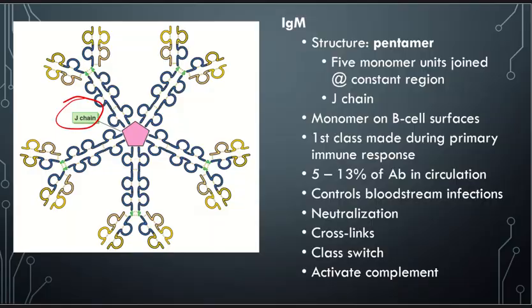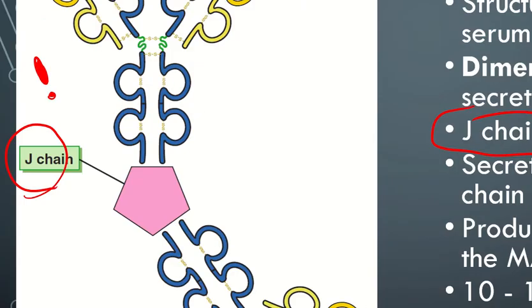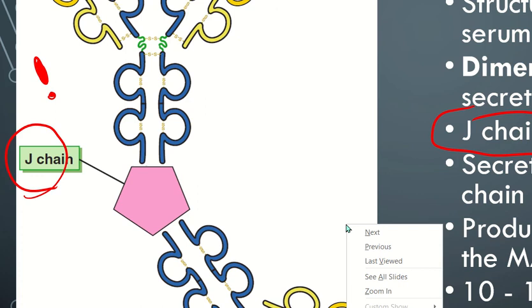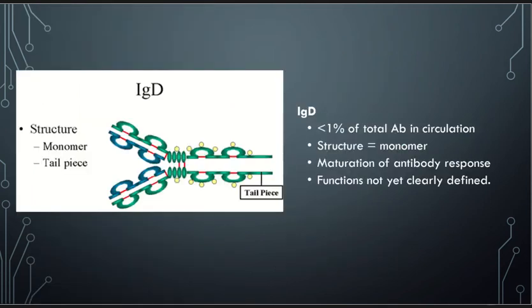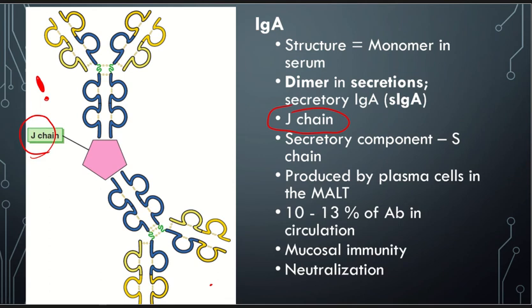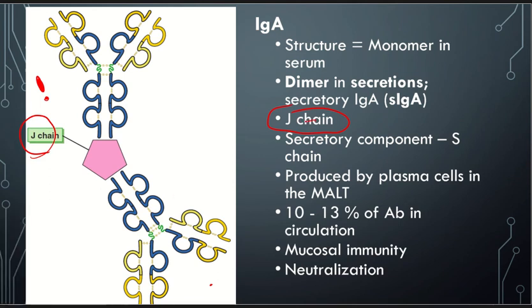So your IgM also has a J chain, but it's the only one that's going to have a secretory component. So one thing you absolutely want to make sure that you know is that it's got this S chain.